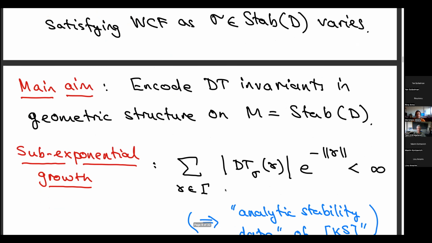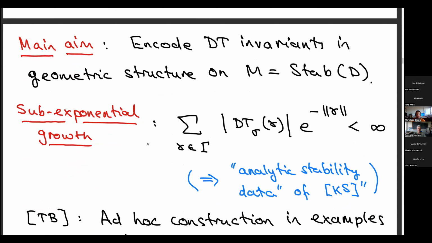So the main aim is to, as I said, try and use these DT invariants to define some geometric structure. And this sub-exponential growth condition can be written like this. So if I choose some norm on gamma, or on the real vector space gamma tensor R, then possibly after rescaling this norm, making it bigger, this sum should be finite, where I sum over all points in my lattice.